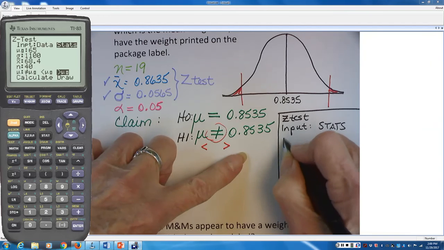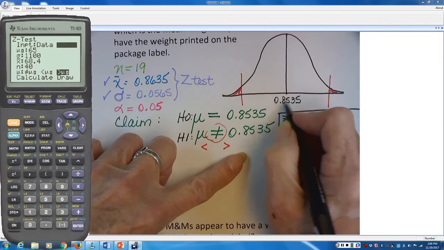It gave us a value for mu, which we can pick right off here.